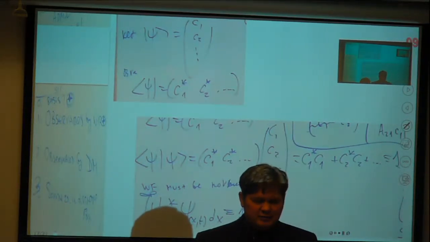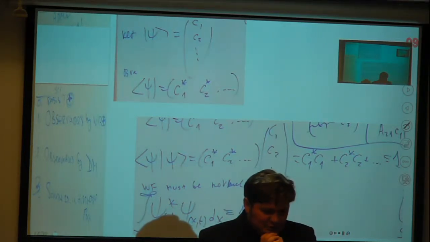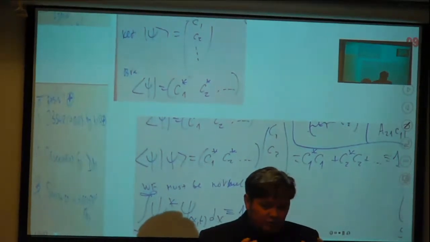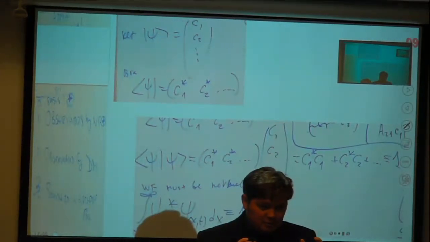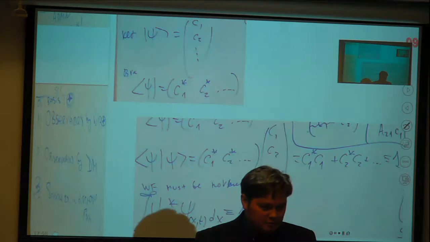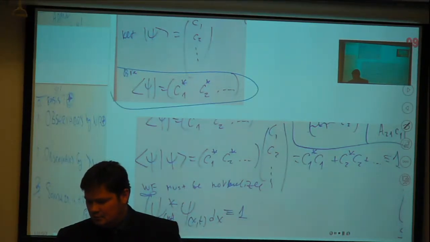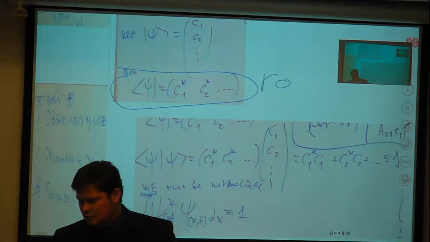From previous meetings, we know that sometimes one needs the wave function in two forms, with and without star, when we are pursuing the protocol to find observables, right? And if we are jumping from the continuous wave function to this discrete wave function, we need an analog of the wave function star, which will be a row vector.